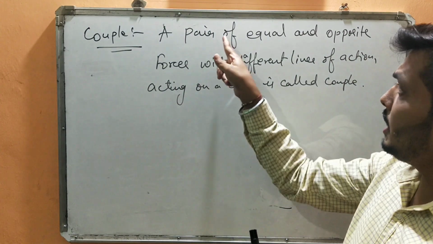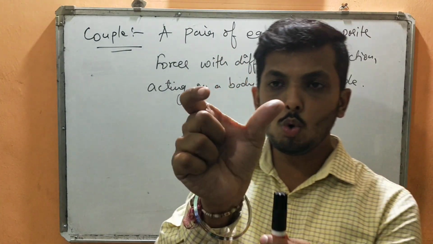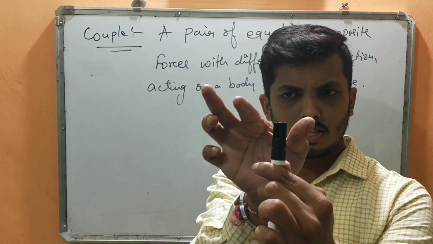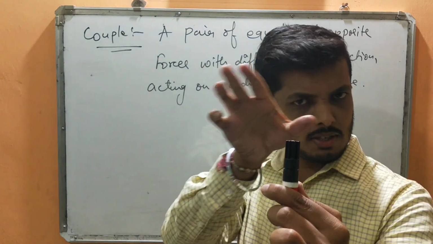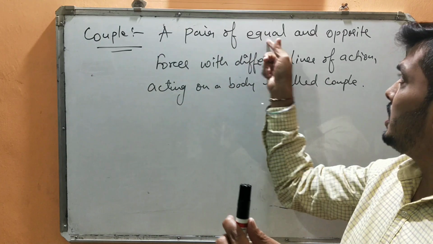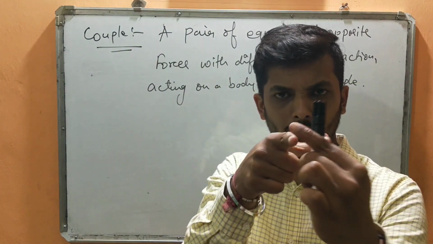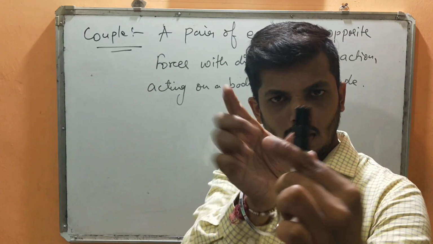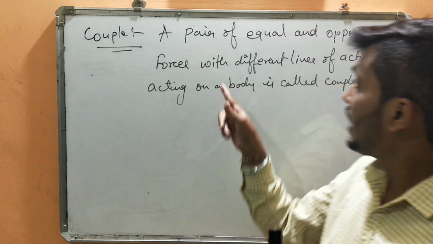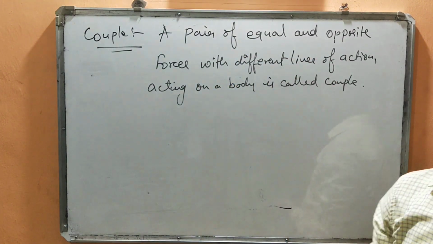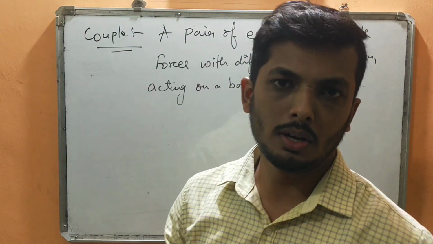Couple is nothing but a pair of two equal but opposite forces. Here, this finger is in this direction, the thumb is coming backwards. A pair of equal and opposite forces with different lines of action. The line of action of this finger is in this direction, whereas the thumb is opposite, acting on a body. This is called a couple.